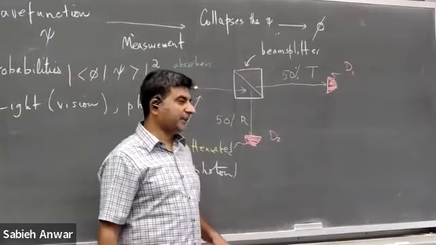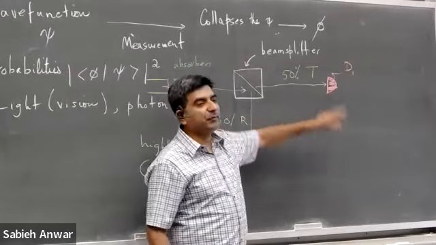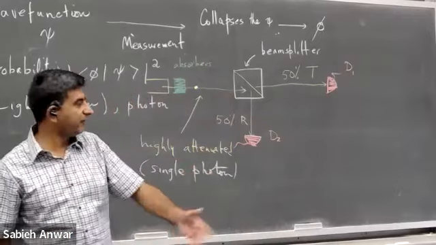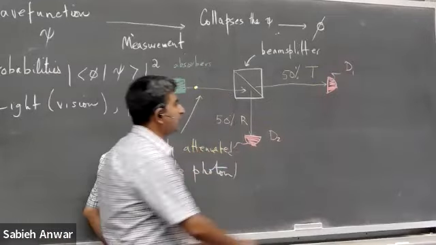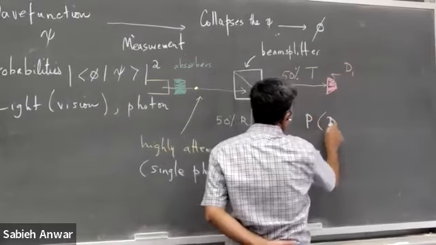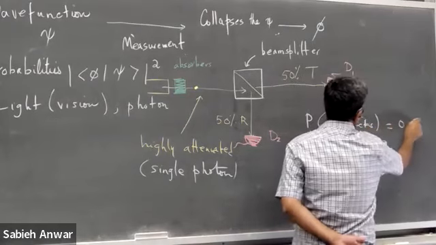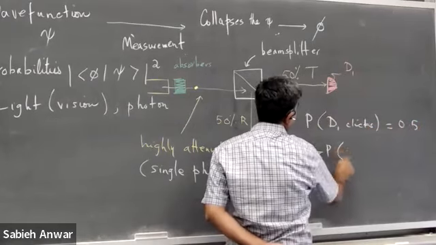Now, if this were the case, what's the probability that D1 clicks? 50%. So the probability that D1 clicks is 0.5, which is equal to the probability that D2 clicks.